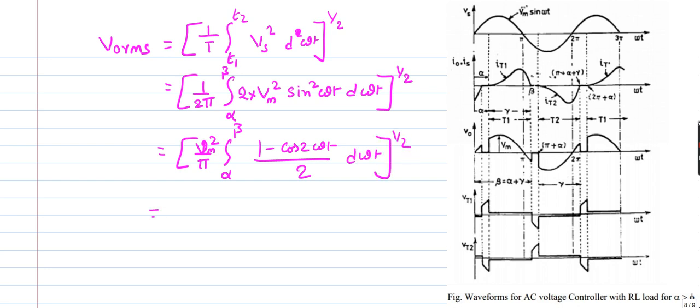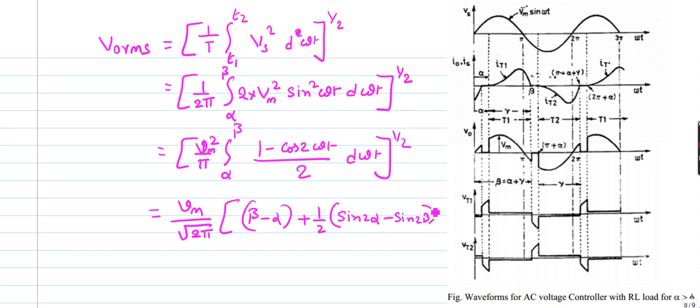So if you solve this, Vm by root 2 pi, beta minus alpha plus 1 by 2 sine 2 alpha minus sine 2 beta. This entire term is under root. So this is your V naught RMS value with RL load with discontinuous conduction mode.